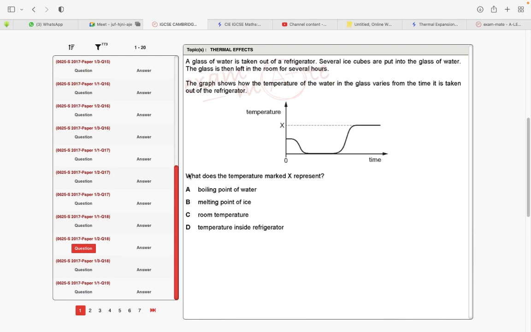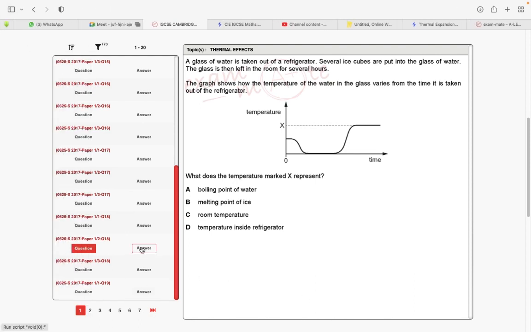So we have the temperature and the time. What does the temperature mark X represent? The boiling point of water, the melting point of ice, the room temperature, or the temperature inside the refrigerator? Hold on, it's either B or C.